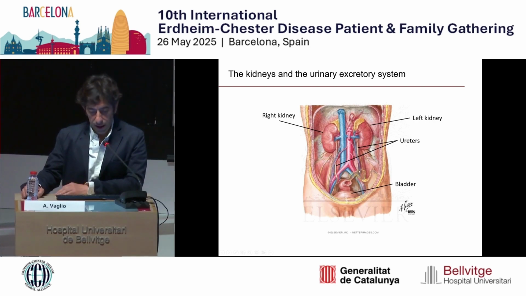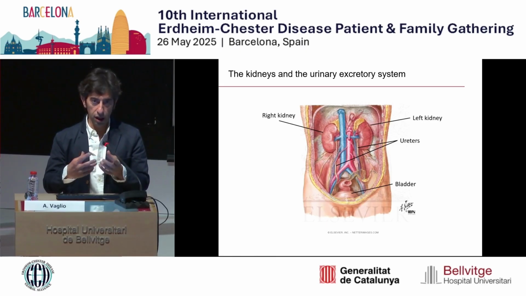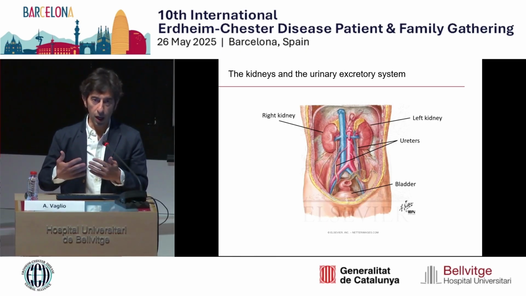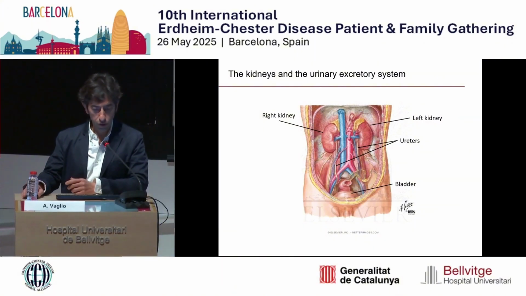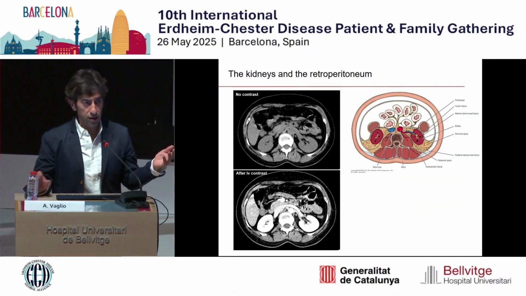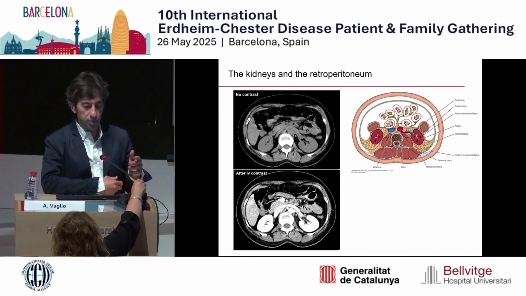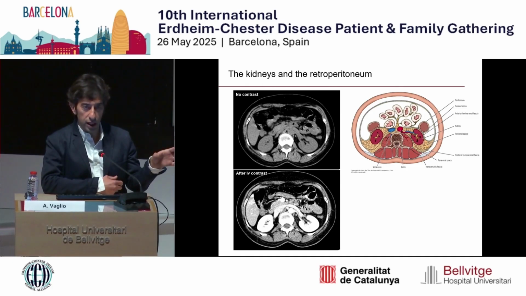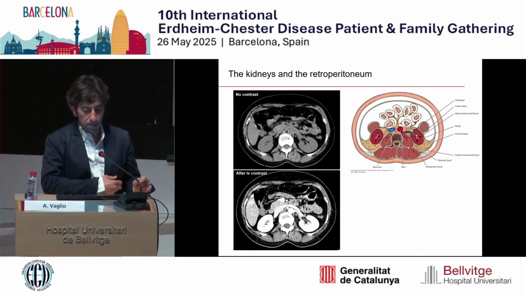And you can see that there is this kind of membrane which wraps some organs, and this is the peritoneum. So the peritoneum wraps the intestinal loops, and what is behind it is the space that we call retroperitoneum. And as you have already seen in many previous presentations, the retroperitoneum is a frequent site of infiltration for ECD.